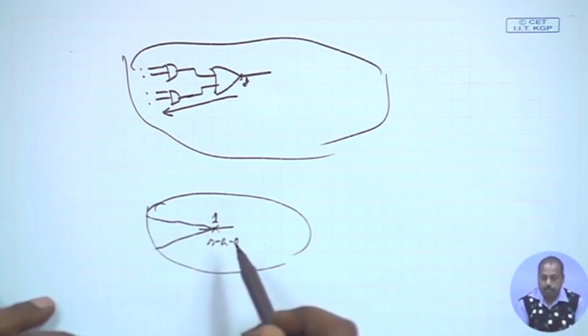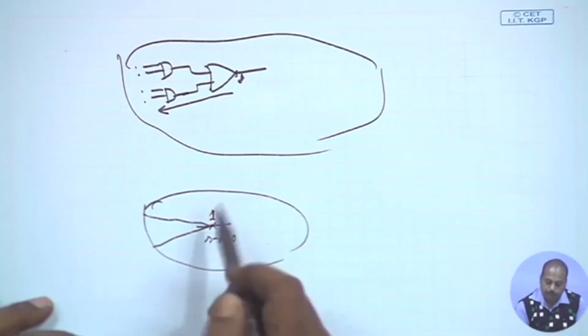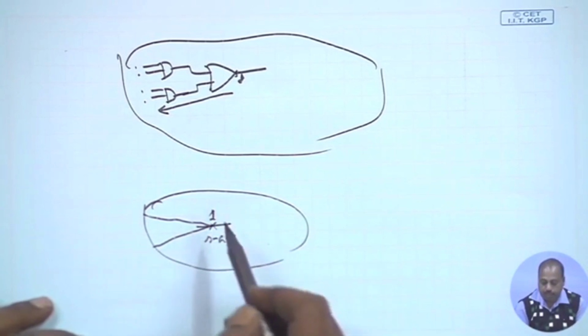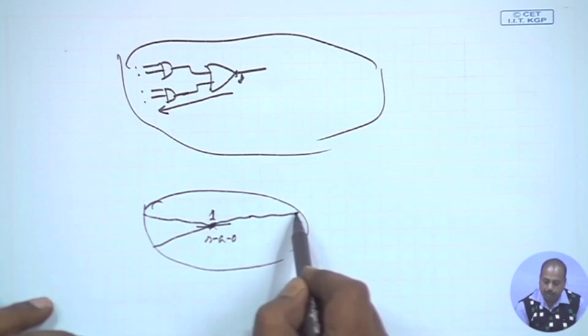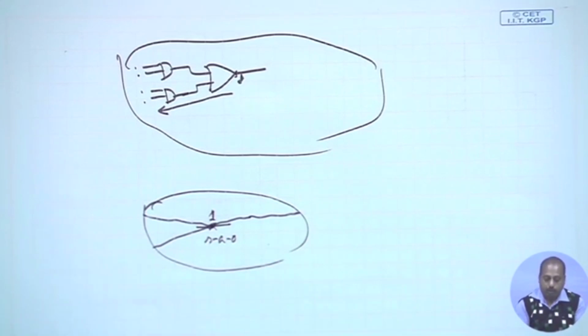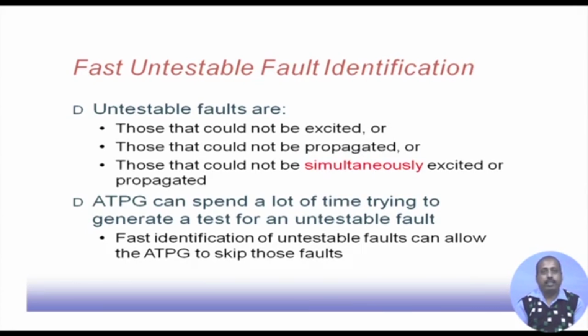So, that way it becomes an untestable fault. Another possibility is that it is not possible to take this observation to some primary output, so it is not possible to propagate this fault to a primary output. This is another case where the fault becomes untestable. The other possibility is that the fault cannot be simultaneously excited and propagated. Naturally, those are also untestable faults.